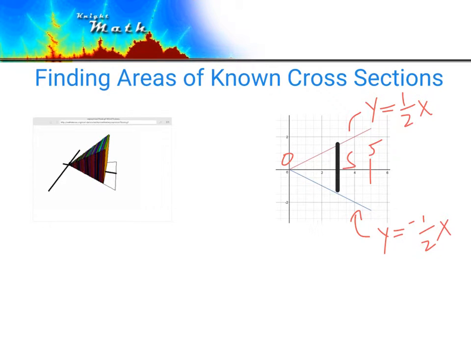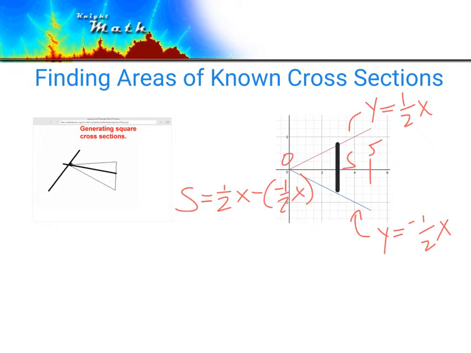Well, how long is S? That's not terribly tough. The length S there is going to be the top line, 1/2 x minus negative 1/2 x. Now, we're finding the length in terms of x because this length will change.